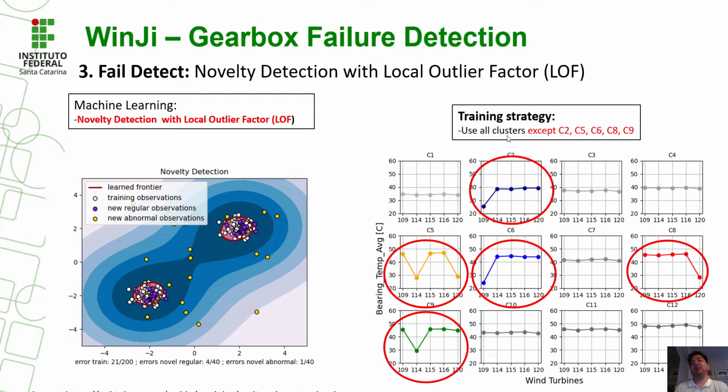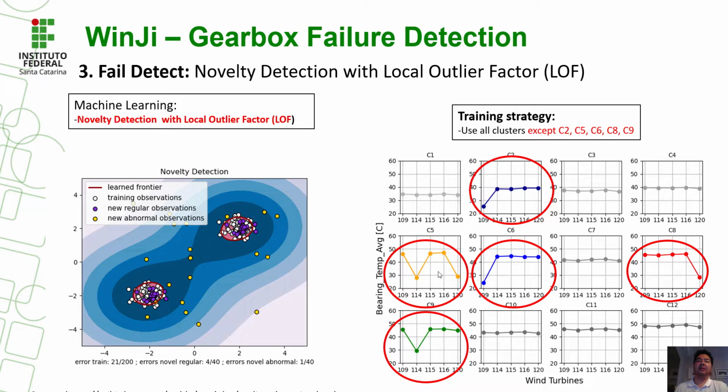So what I do, as I told you, is my strategy for training the LOF is to remove these bad clusters. But when I try to find the problem for, for example, turbine 109, I just remove this data, not this data, okay?